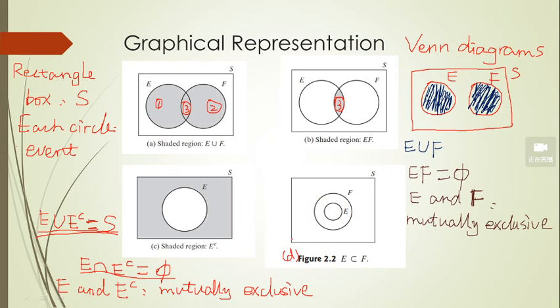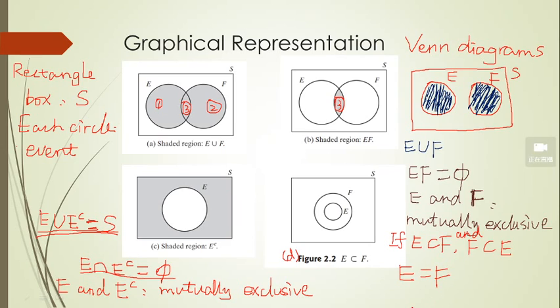Some special case. If we have E is a subset of F, and F is also a subset of E, then we will say E equals F. Those two events are exactly the same.